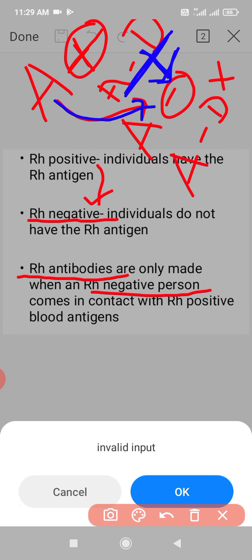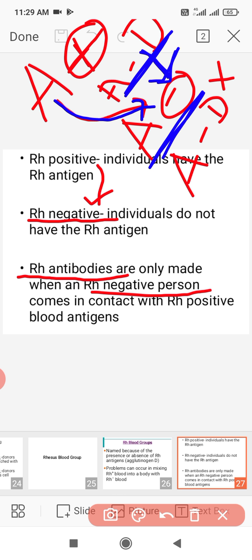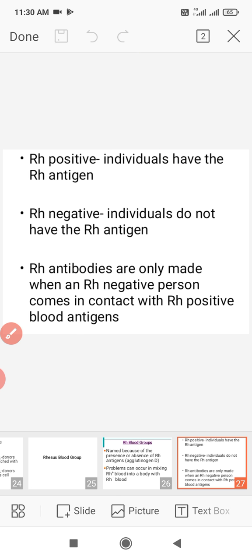The A negative person doesn't have the antigen, so he develops antibodies. Understood? When a negative person is exposed to positive blood group, only then can he develop antibodies. Clear?